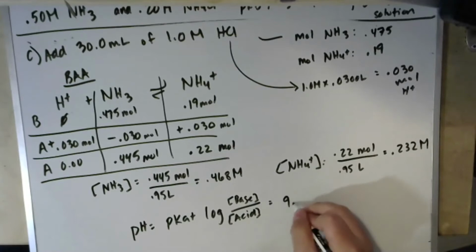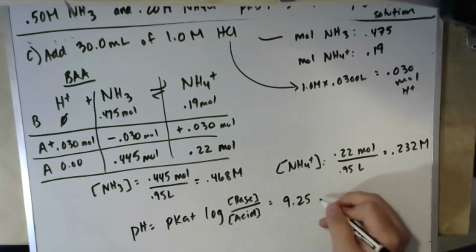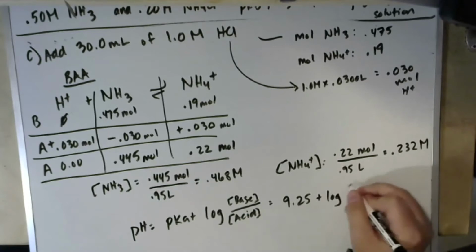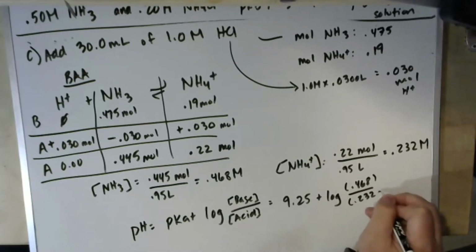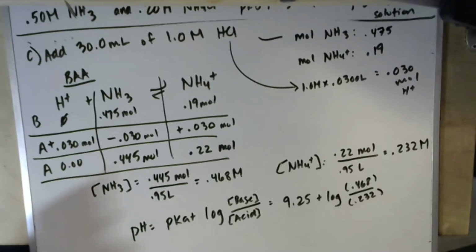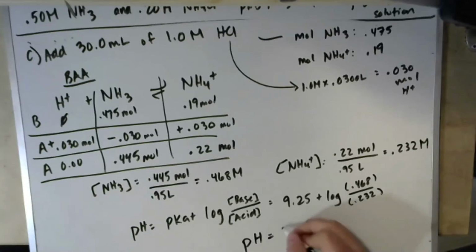So it's going to be 9.25, same pKa from before, plus the log of 0.468 over 0.232. Okay, so my new pH is going to be 9.55.